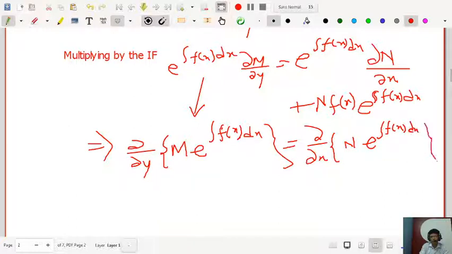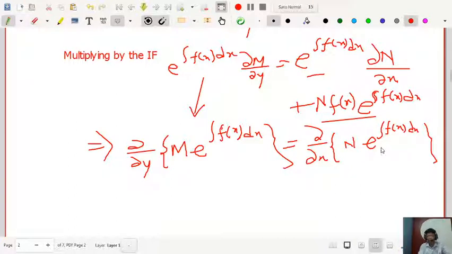Because you can apply partial differentiation with respect to x, N is a function of x and y, and the exponential function is also a function of x, so apply the product rule. The partial derivative of the exponential function gives this one, and keeping the exponential fixed, differentiating N gives del N del x. So combined, you can write the right hand side in a combined form.